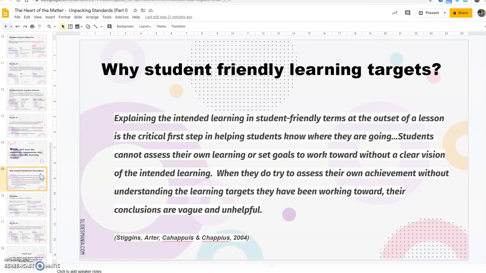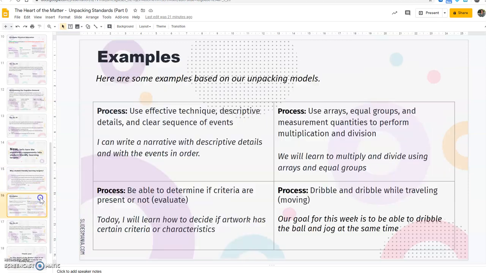Students cannot assess their own learning or set goals to work toward without a clear vision of the intended learning. When they do try to assess their own achievement without understanding the learning targets they've been working toward, their conclusions are vague and unhelpful.